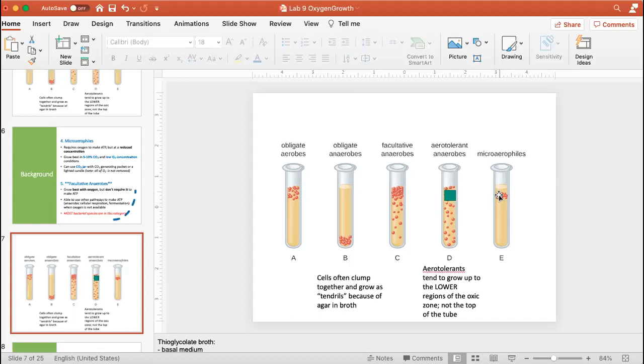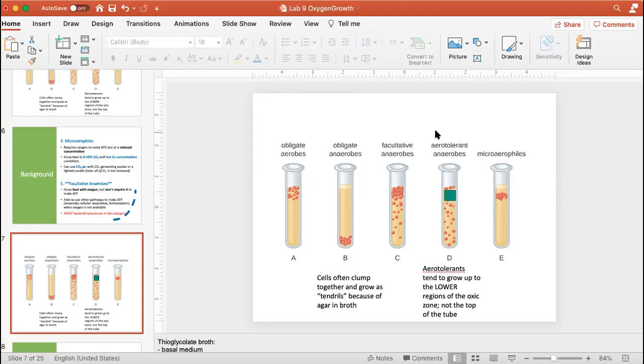So if you compare this tube to this tube marked A, the obligate aerobes can grow all the way through this oxic zone. But the microaerophiles, they don't grow up near the surface of the medium. They grow in the lower half of the oxic zone.